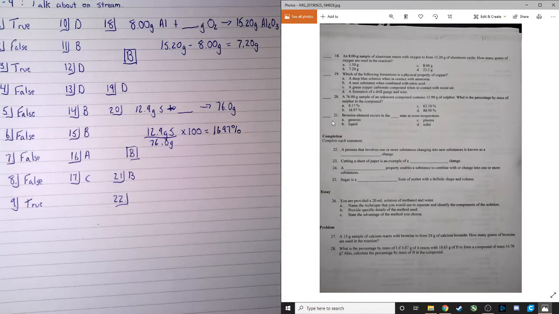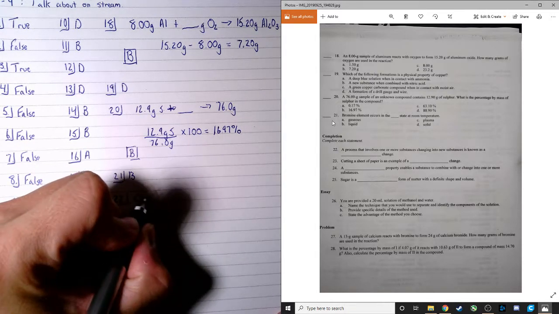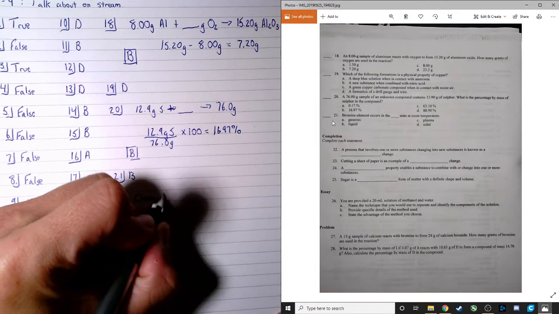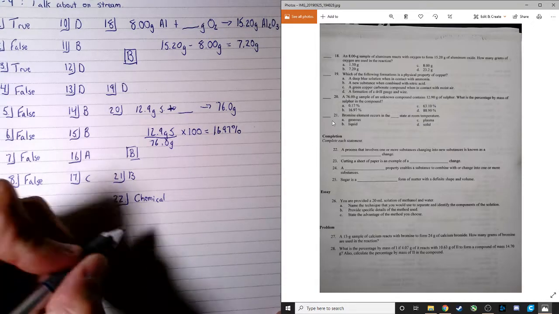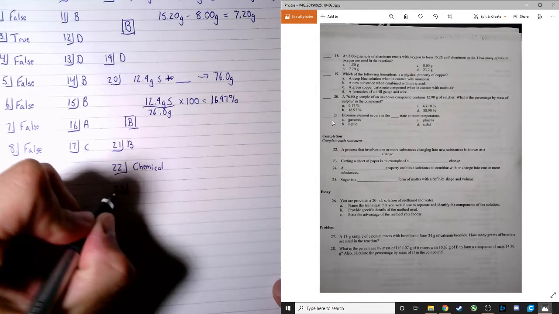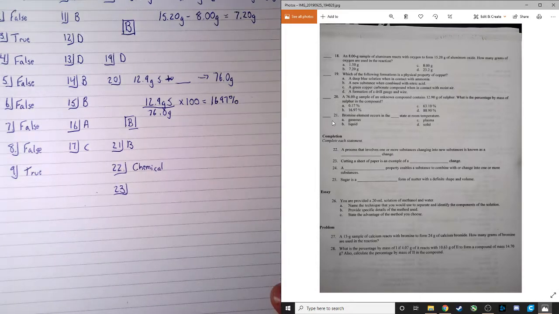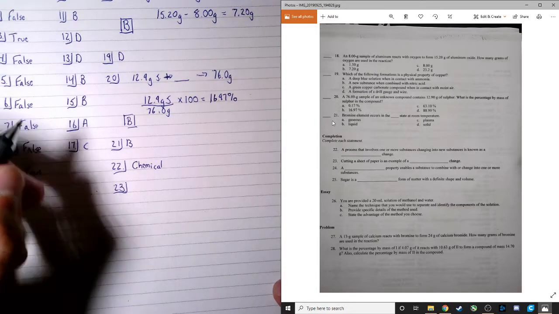For 22, these are completion. A process that involves one or more substances changing into new substances is known as a chemical change. It's actually changing into something new, so therefore it's chemical. 23. Cutting a sheet of paper is an example of a blank change.